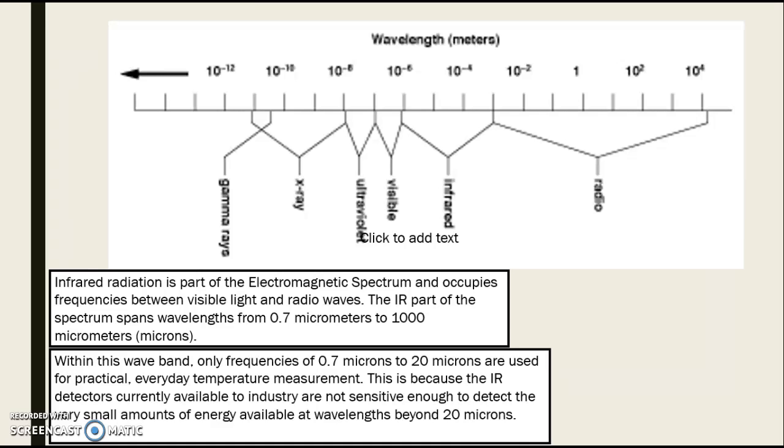This is because infrared detectors currently available to the industry are not sensitive enough to detect the very small amounts of energy available at wavelengths beyond 20 microns. As far as I know, this is going to be fairly relevant to us, but it's some useful information that we can apply should the situation arise.